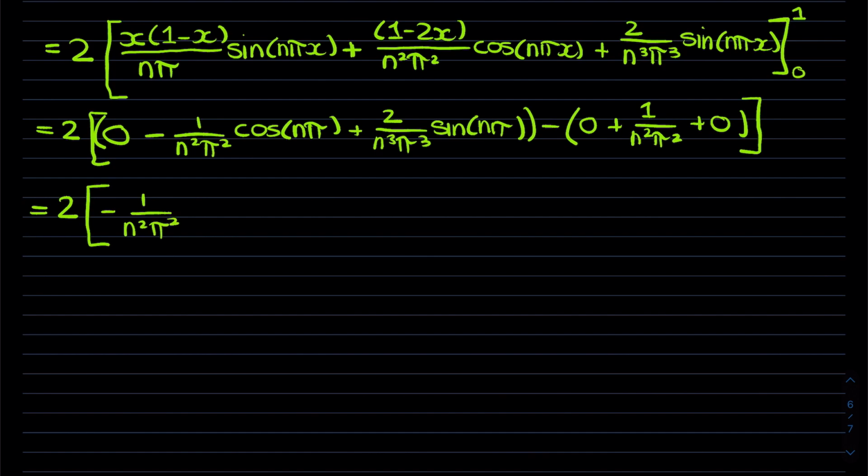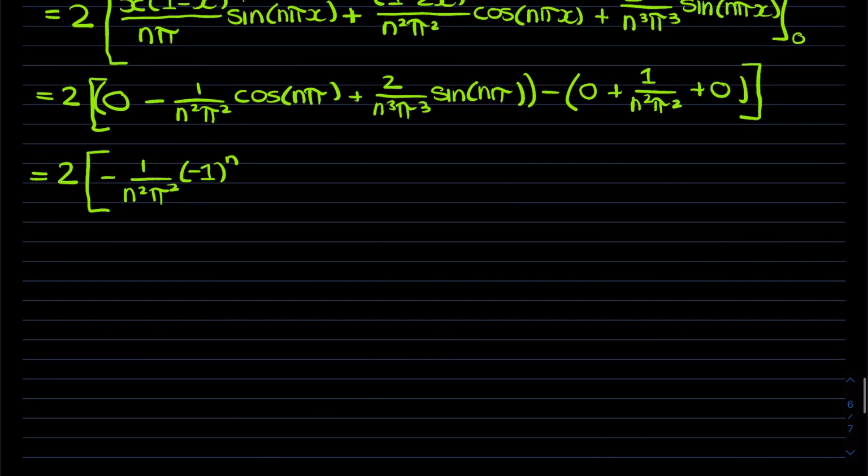Now the cosine n pi, we can just rewrite this as minus 1 to the n, because it will just alternate depending on what n is, 1 to minus 1 to 1 to minus 1, and so on. You'll see that those things are the same. A bit further, we get minus 1 over n squared pi squared.